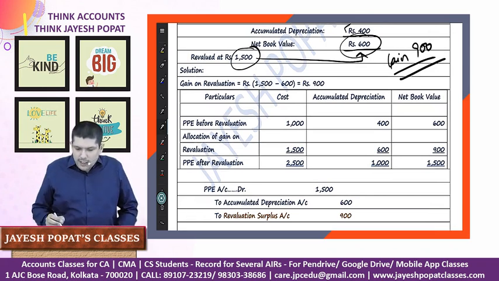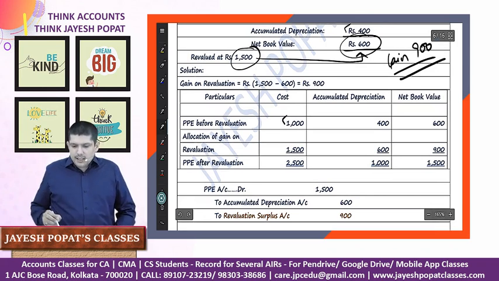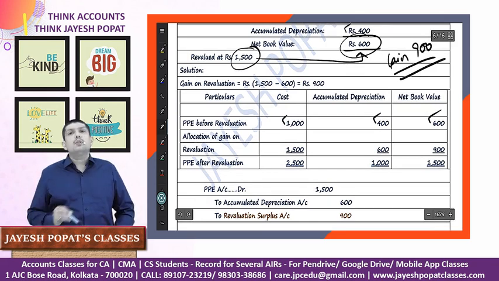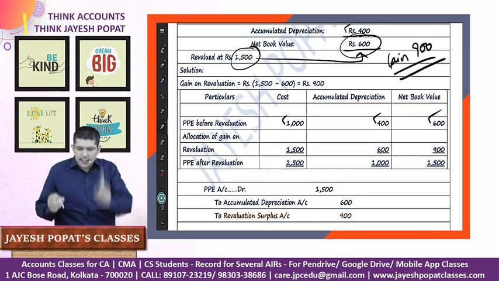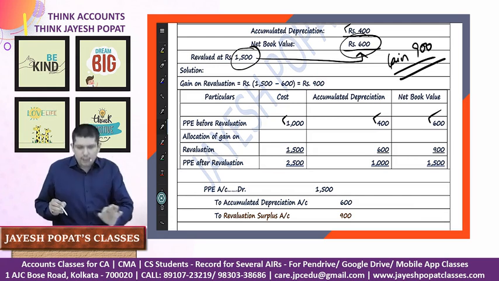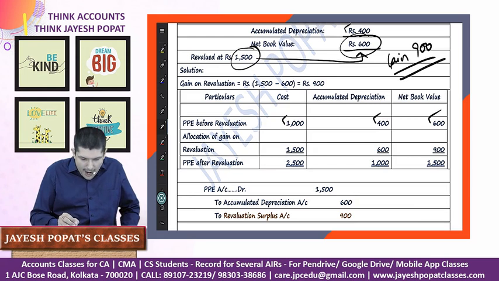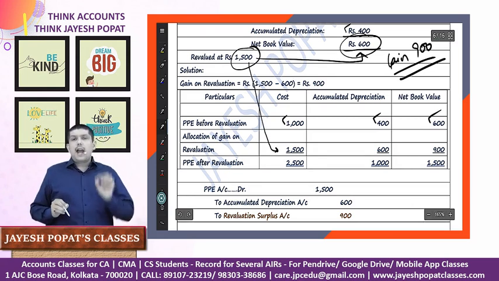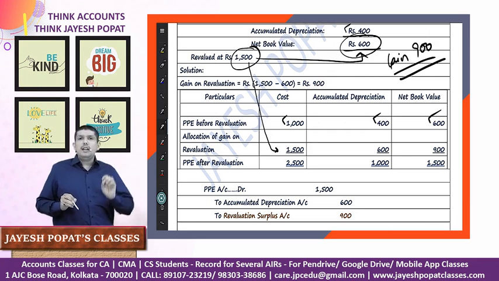See, before your revaluation, the cost is 1000, accumulated depreciation is 400, and your net book value is 600. In the first method, what you will do, listen to this very carefully. In the first method, you will add the revalued amount to the cost, right? You will add the revalued amount to the cost.